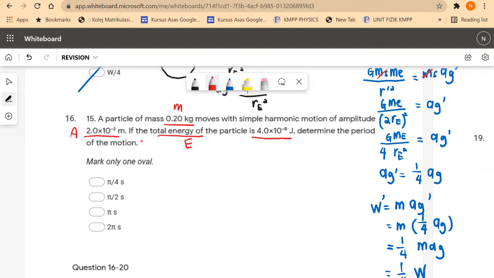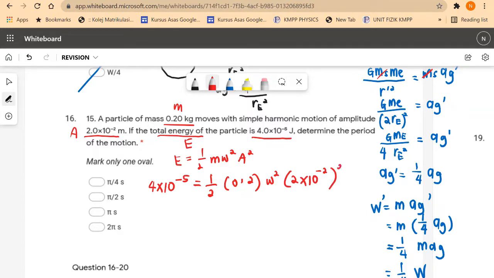So the total energy here is the total energy of simple harmonic motion. The formula is E equals half m omega squared a squared. Substitute E as 4 times 10 to the power of negative 5, mass 0.2, omega is unknown, and the amplitude is 2 times 10 to the power of negative 2, squared.